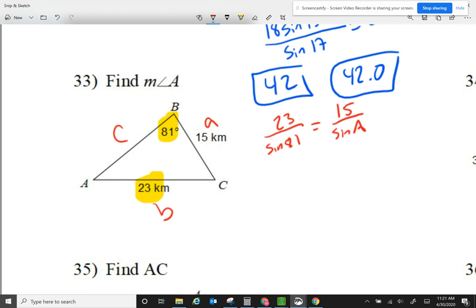When I cross multiply it, I have that 15 times sine of 81 is equal to 23 times sine of A. In order for me to get sine of A by itself, let me divide both sides by 23. So I have that sine of A is equal to 15 times sine of 81 divided by 23. That's sine of A, keep in mind.